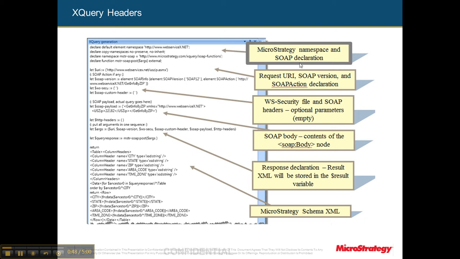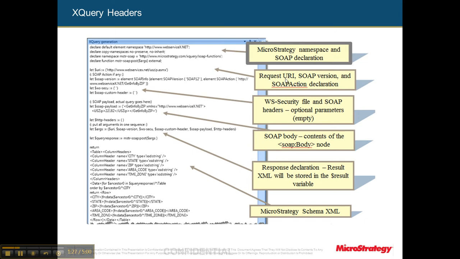So here is the list of components that we may want to take a look at. This is the first piece, which is where we declare the namespace. If you closely look at it, the HTTP link goes to microstrategy.com xquery SOAP functions. So these are all the servers that MicroStrategy has, and it's a web service that gives information about all the functions available within MicroStrategy's xquery SOAP functions.